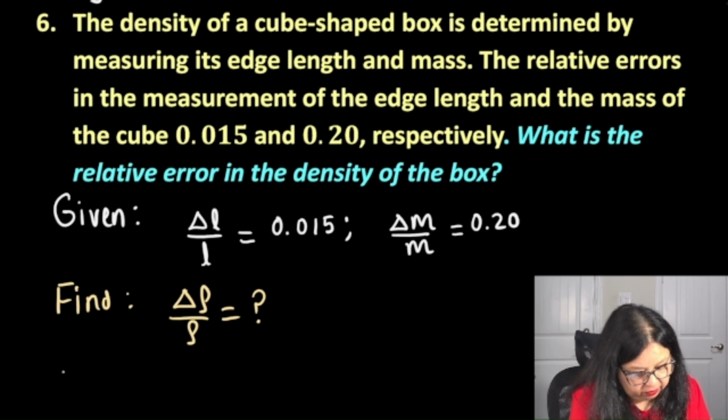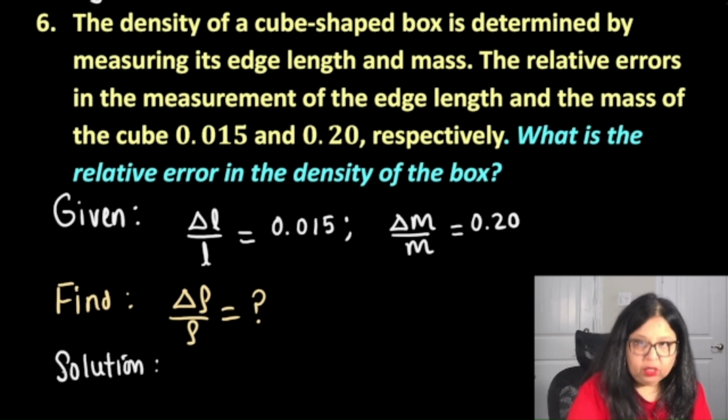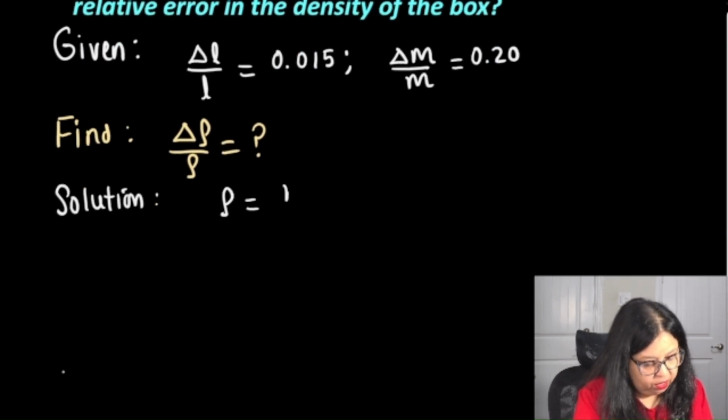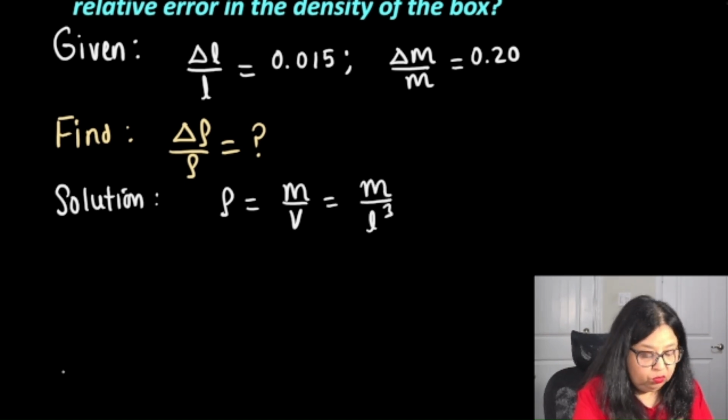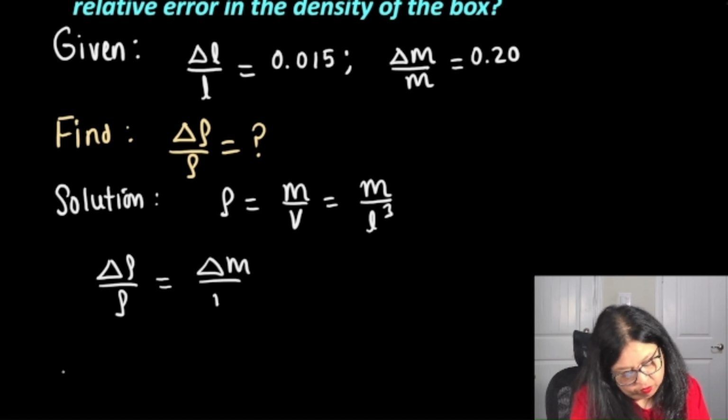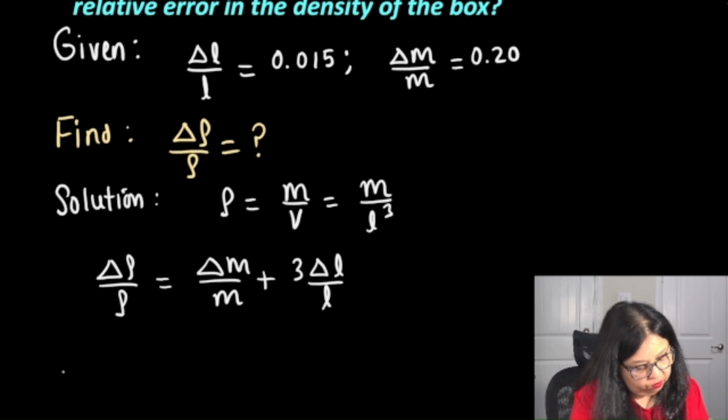Solution. Just like we did in the previous problem, the density of a box is rho equals mass per unit volume, and here volume equals L cubed. So from here, delta rho over rho equals delta M over M plus 3 times delta L over L. What are we given?